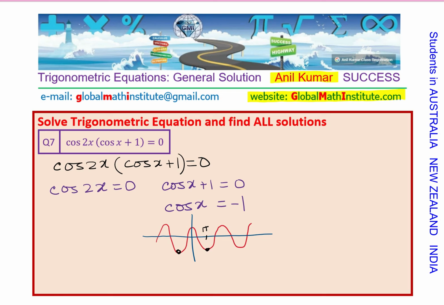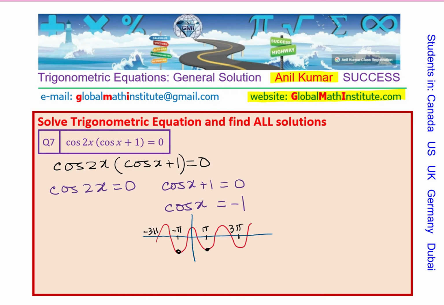The next minimum value will come after 2 pi, so it will be 3 pi. On the left side also, it is minus pi and minus 3 pi. Do you see the similarity? What we notice here is that it is odd multiples of pi, whether negative or positive.